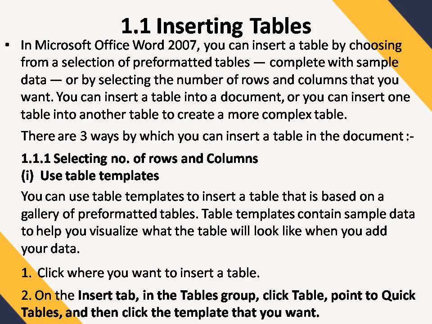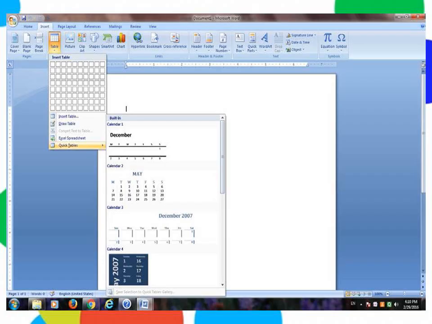How will you do it? Step 1, click where you want to insert a table. Step 2, on the Insert tab in the Tables group, click Table, point to Quick Tables, and then click the template that you want.